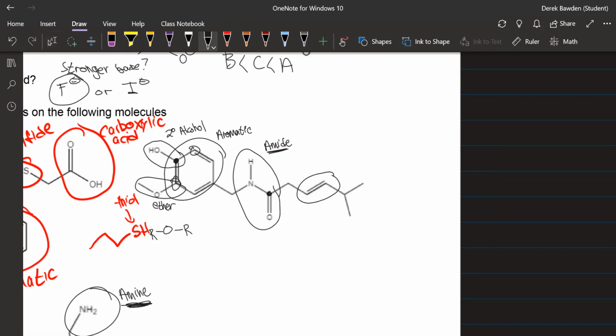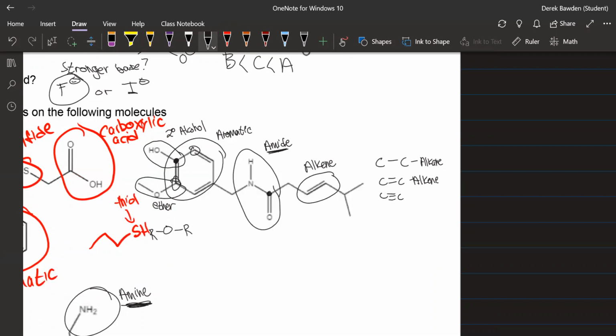C double bond Cs are called alkenes. I don't think he's going to test you on this exam, but I wanted to bring it up just in case. If it's a C single bond carbon like that, it's called alkane. C double bond, alkene.